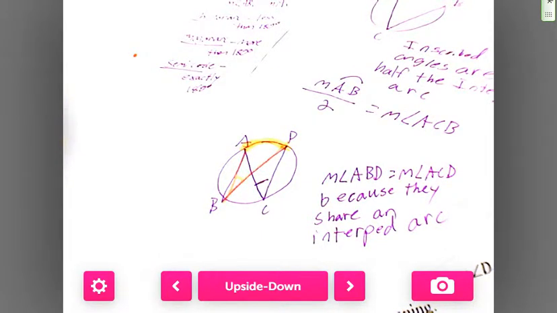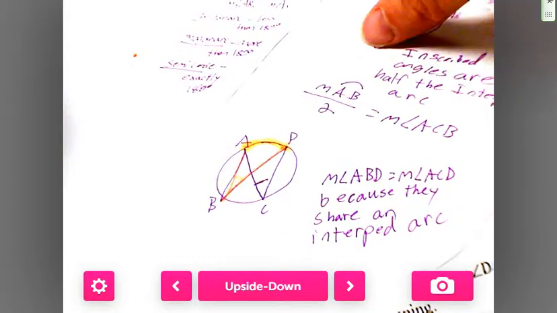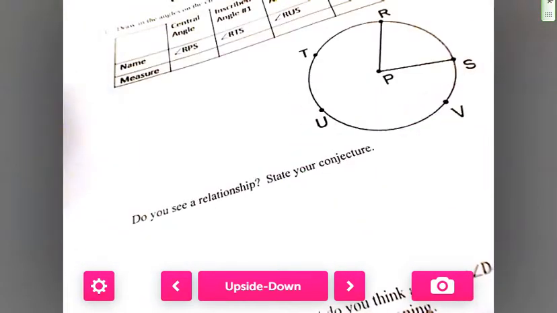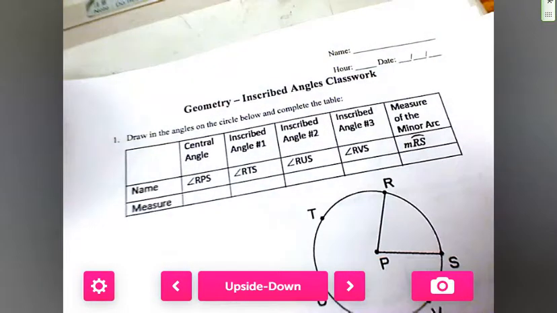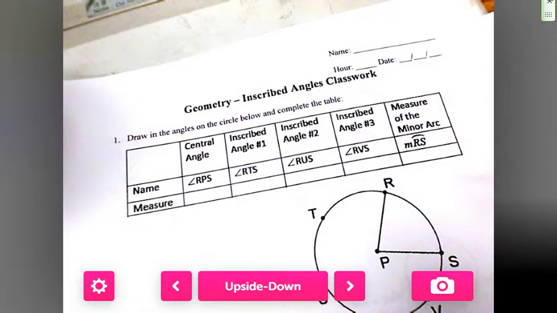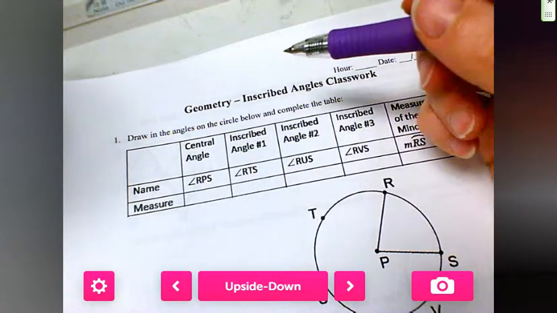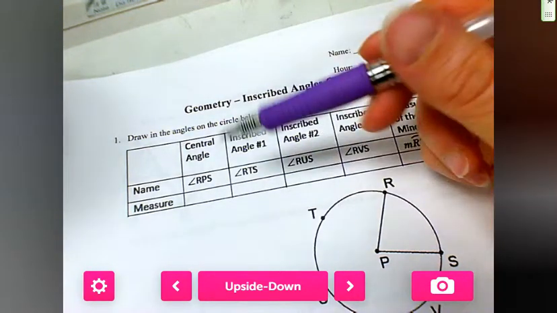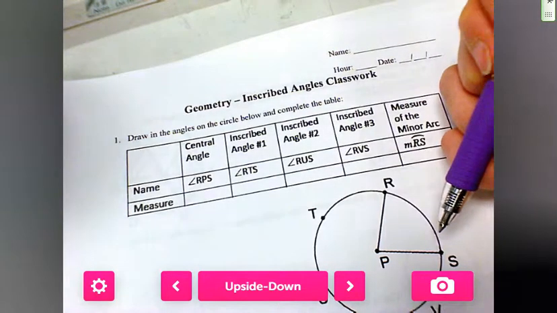Okay, let's finish this up, and then we are going to look at our classwork. Okay, I'm zooming out a little bit so we can see this. Okay. Central angle. So we're going to find all the answers to this below.